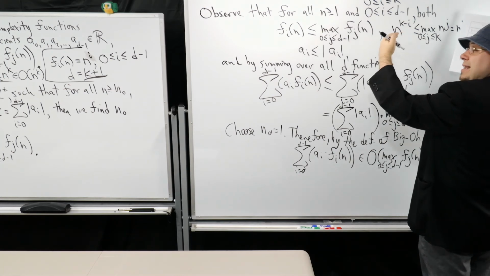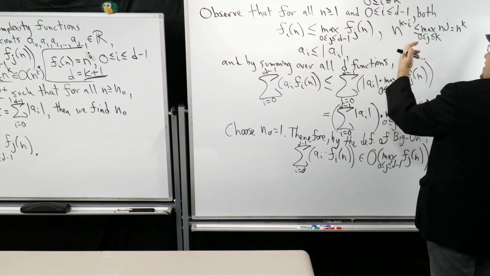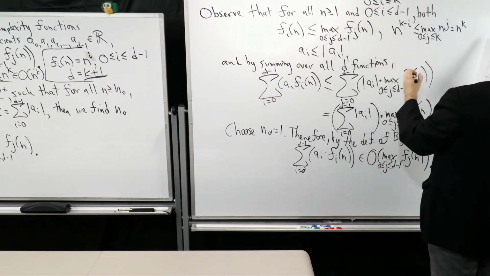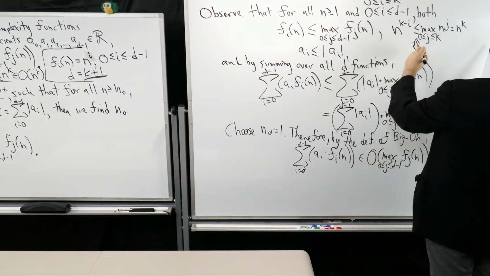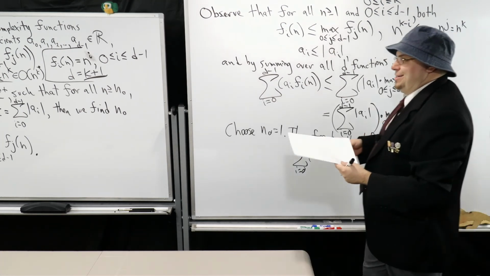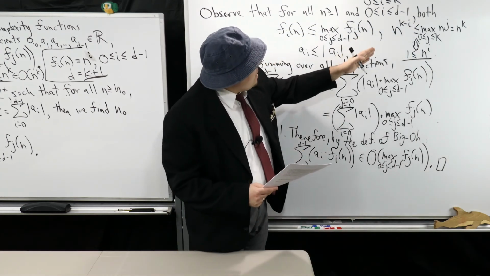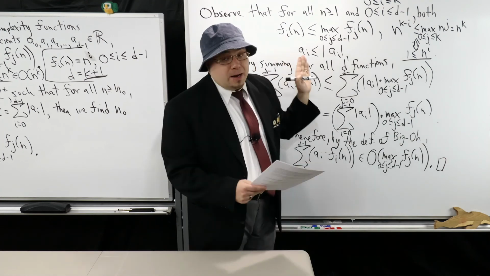Then what we did in that proof was divide both sides by n to the k minus i, right? So this is true if and only if 1 is less than or equal to n to the i. And this is in fact the case for all n greater or equal to 1. So this is where in that proof this part pops up.